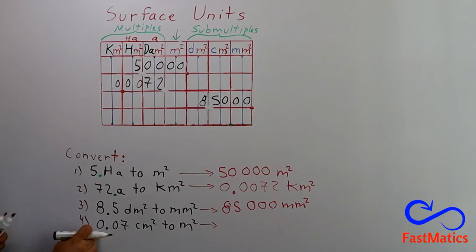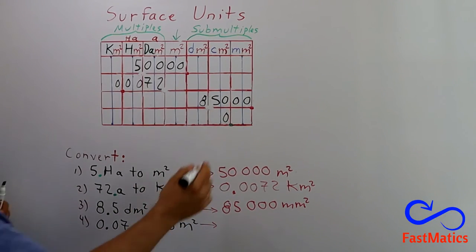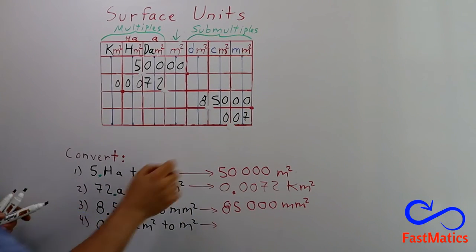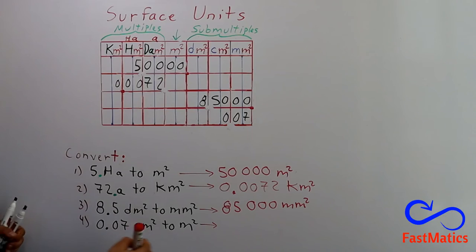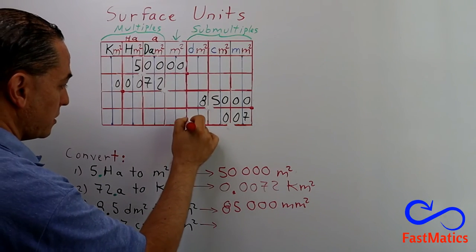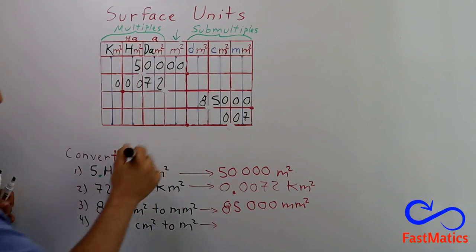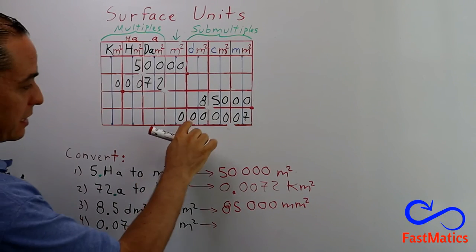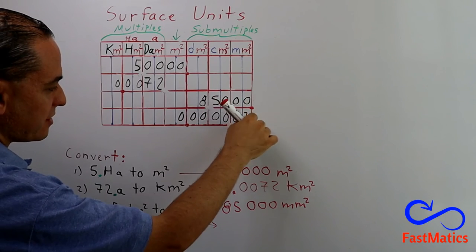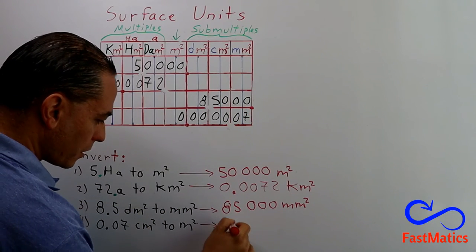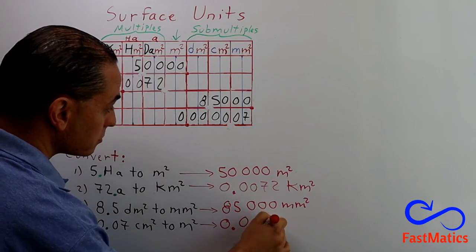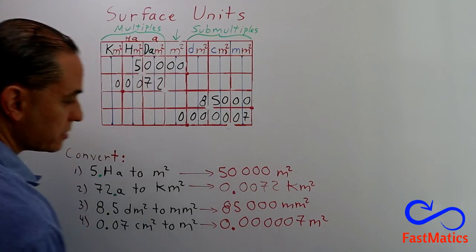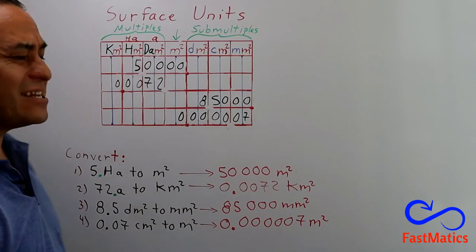To the left you see 1 0, to the right you see 0.7, and you pass the decimal point, you erase it, to the end of the meters squared, and you fill the blanks with zeros. The answer will be 5 zeros and 1 7: 0.00007 meters squared.